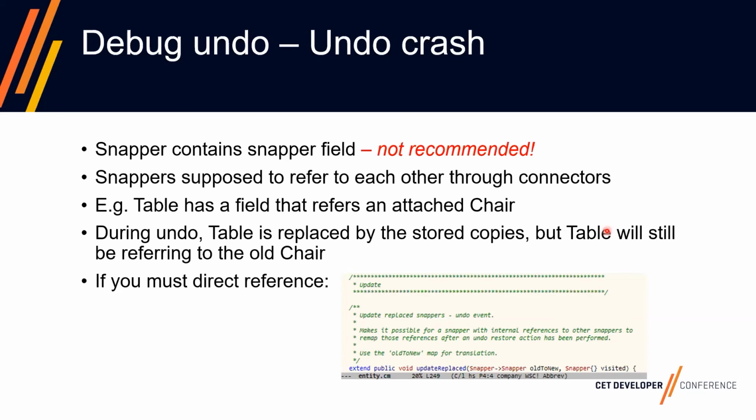They can't go into the undo recording together, because in the undo chain we have very strict control that only the alive ones can be stored. So it's not recommended to do it that way. If you must do a direct reference, then you need to call this update replace to make sure your undo restore action can be performed correctly.